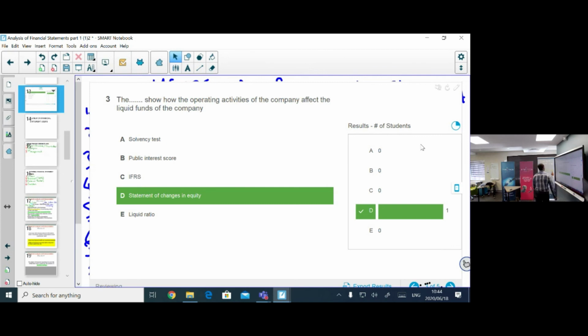And then the other one is: the statement that shows how the operating activities of the company affect the liquid funds of the company. That is the statement of changes in equity.